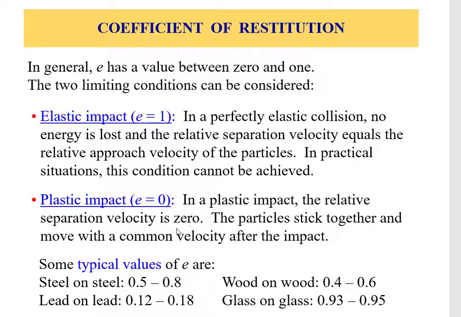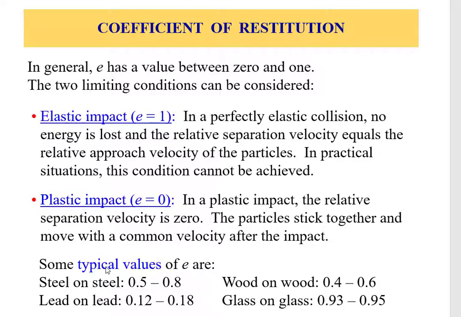The largest, or maximum, energy loss is when the two bodies collide and form one body. This is called the most plastic impact, where the relative separation velocity is zero because the two bodies become one, or they stick together.